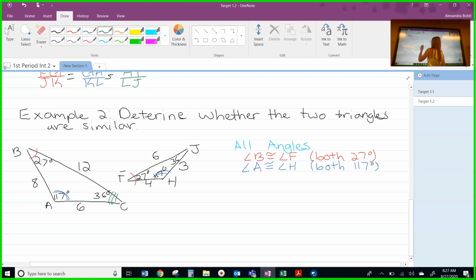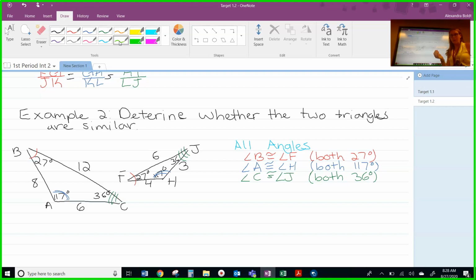Okay, and there is this 36 degree angle here. So angle C is congruent to angle J. Okay, so all of our angles do have a matching pair.